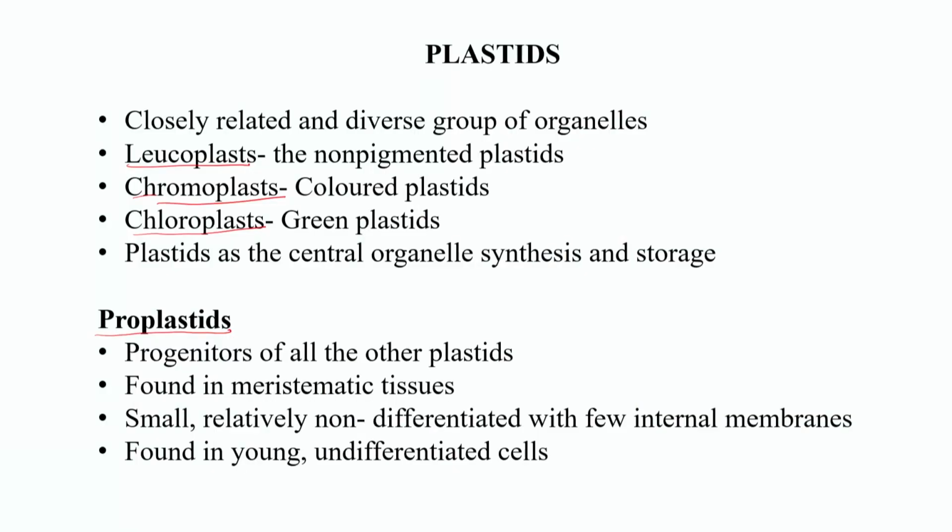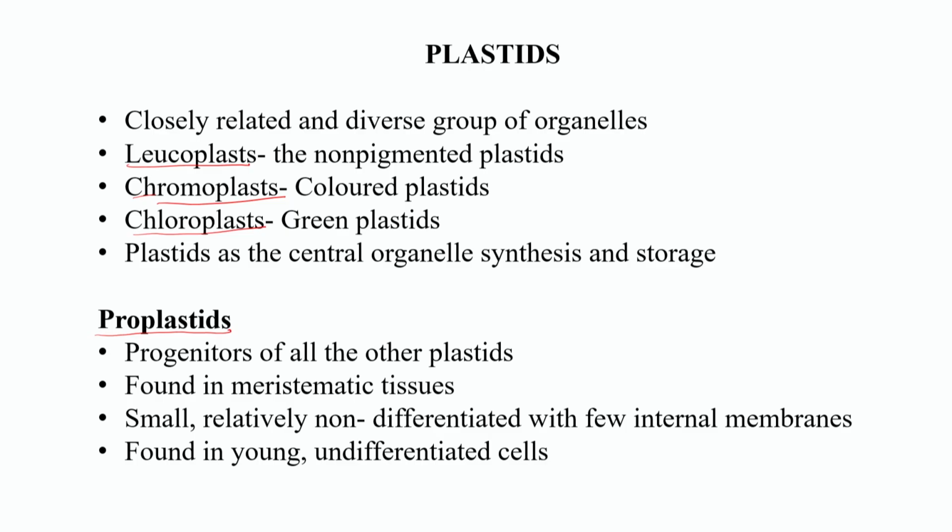First, the important plastid is proplastid, and this name is given because it is considered to be the progenitor of all the plastids. That means all the plastids have evolved from this proplastid. It is found in meristematic tissue, that is dividing tissue. In tissues which have attained their permanent structure and function, the proplastid is not present; however, its more differentiated form is present.